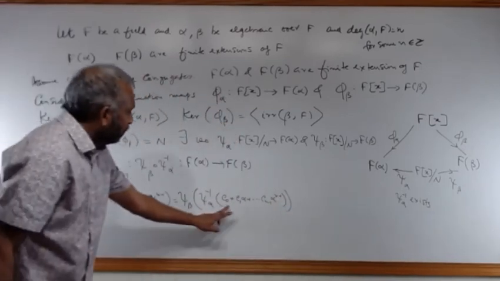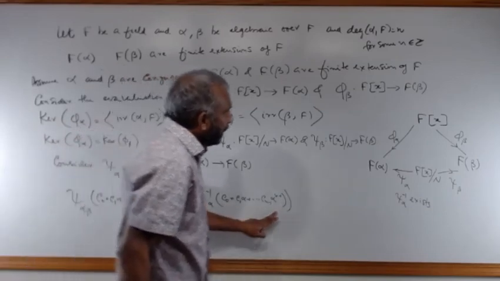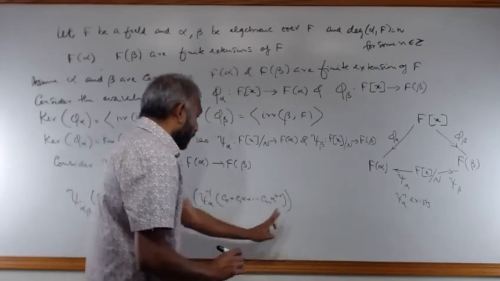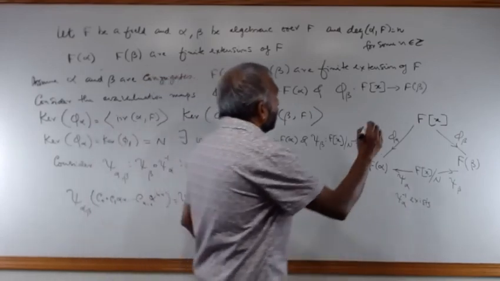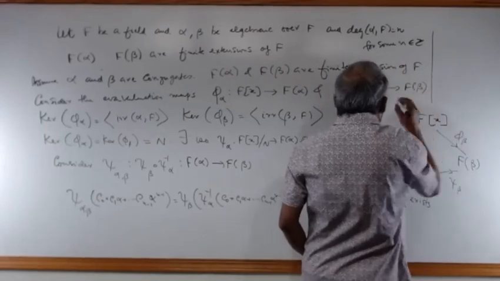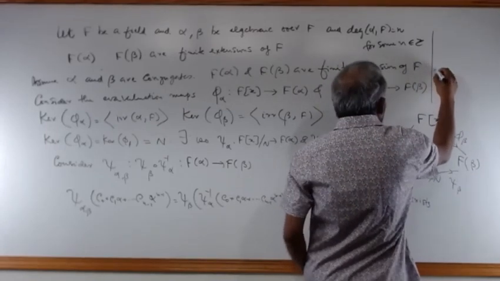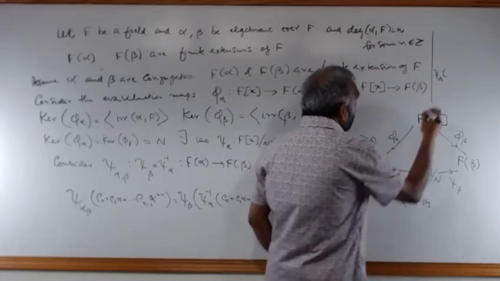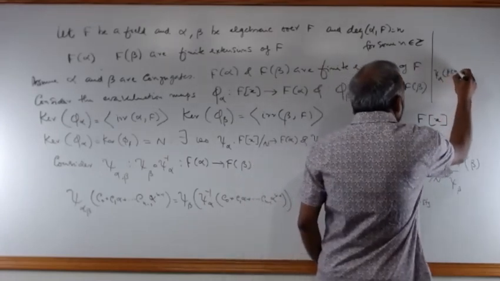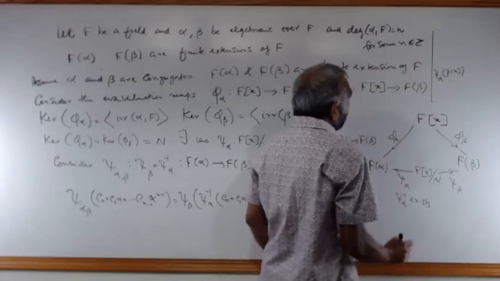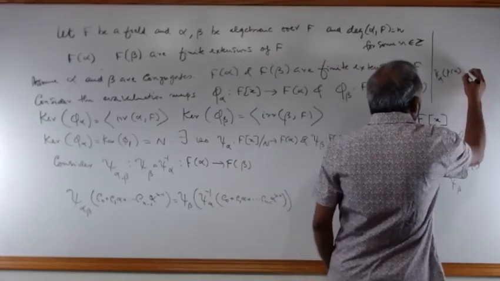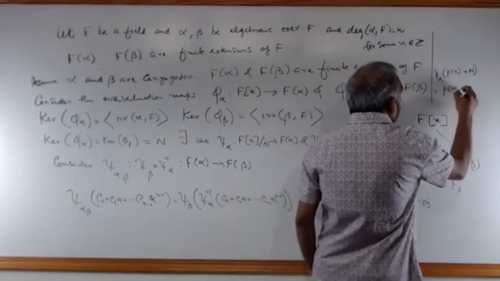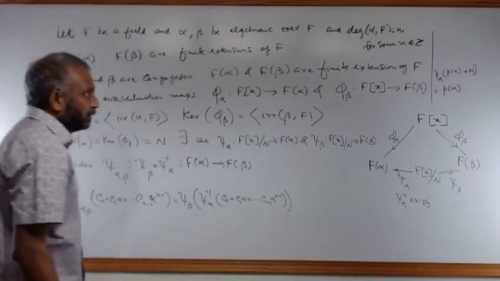And what is this going to be? This is an element in f of x over n. So this has to be a polynomial. How do you get that polynomial? The definition goes like this. Psi of alpha is actually from here to here, some polynomial p of x plus n is equal to p of alpha. That is how you are defining it.